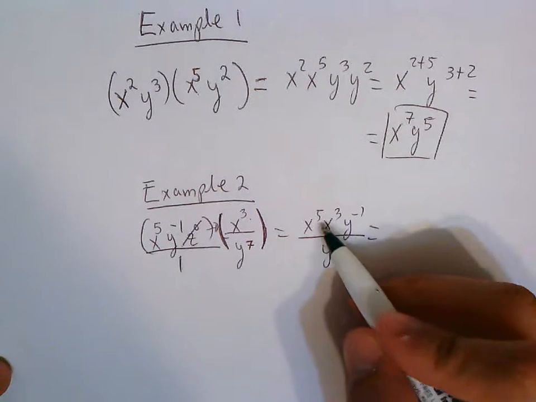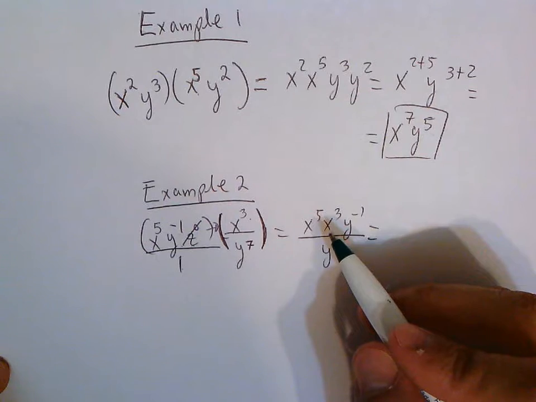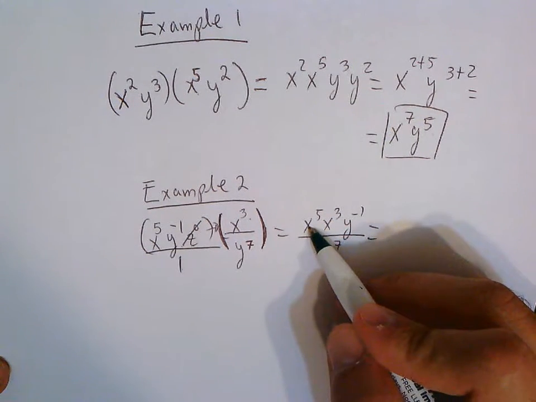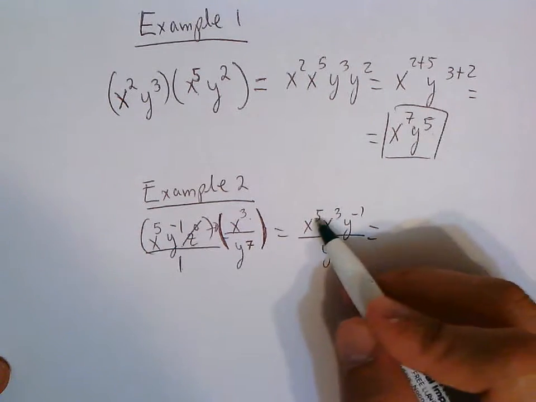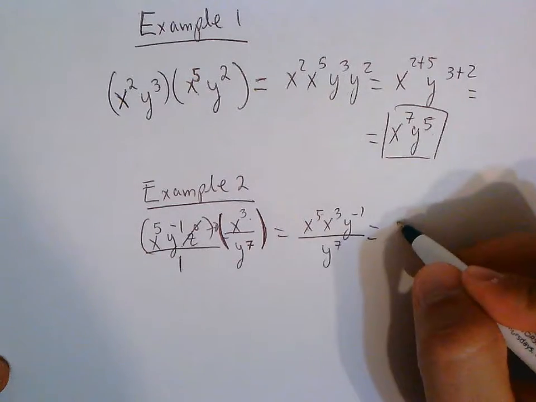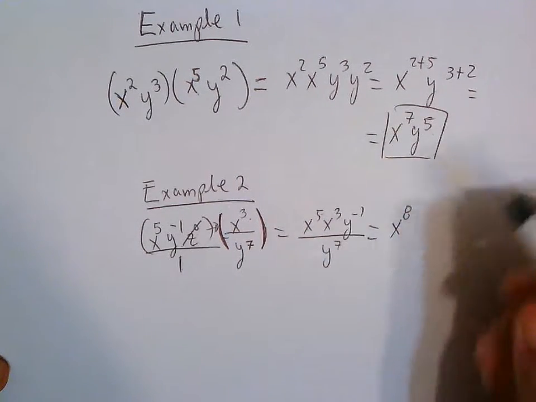I can actually apply the property of product of powers, because I have exponents multiplying with the same base. So x to the power of 5 times x to the power of 3, that is just x to the power of 8. 5 plus 3 is 8.